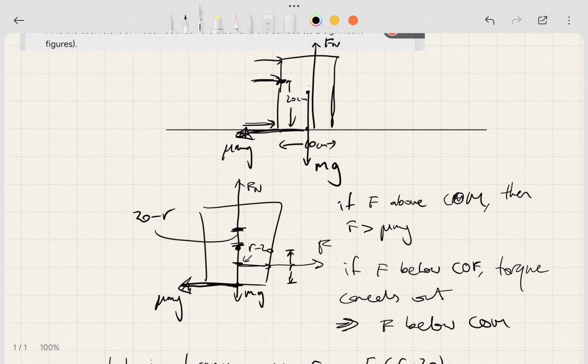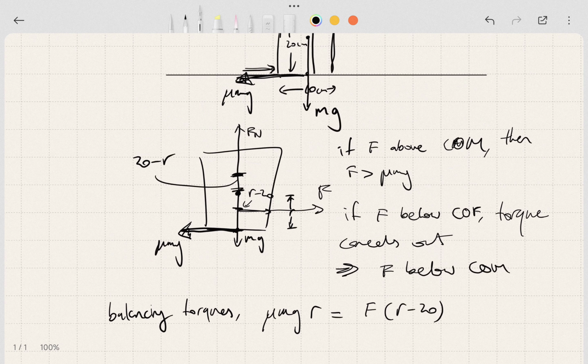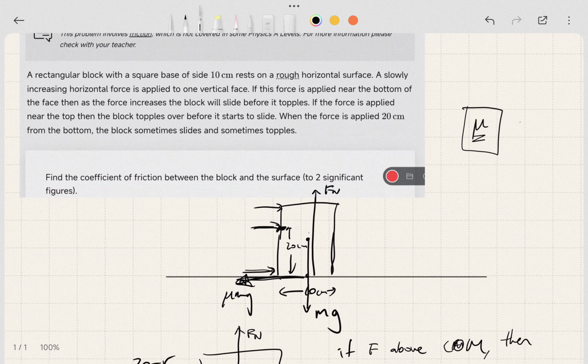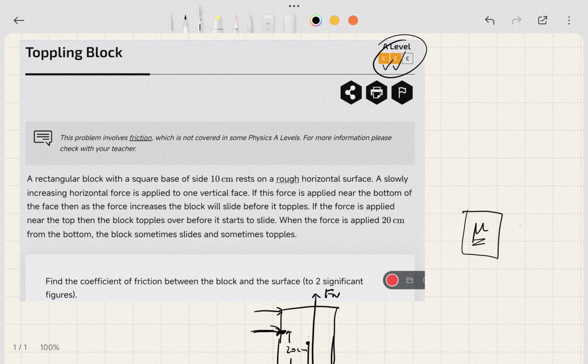So if the force is equal to mu mg, then we'll have r is equal to r minus 20, and so r is, wait, no, this is not correct. Okay, this is definitely a hard question, as seen by the 2 C's here. It's a very difficult question, so it would take about 20 minutes, I think, to solve this.